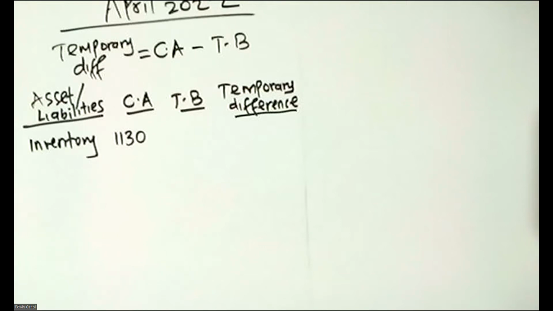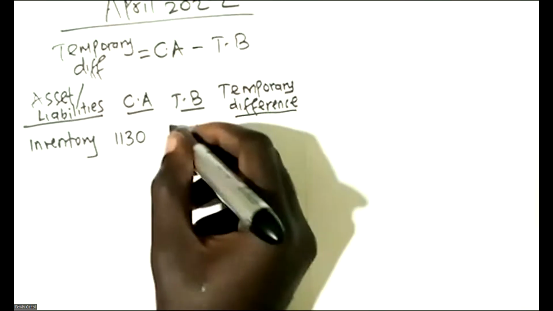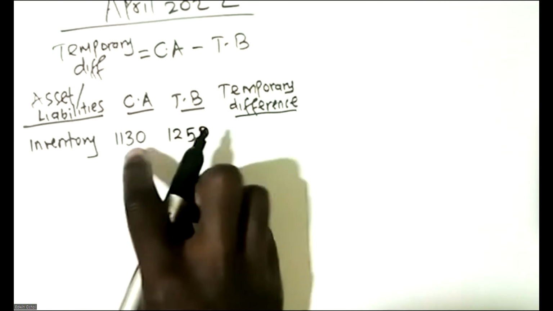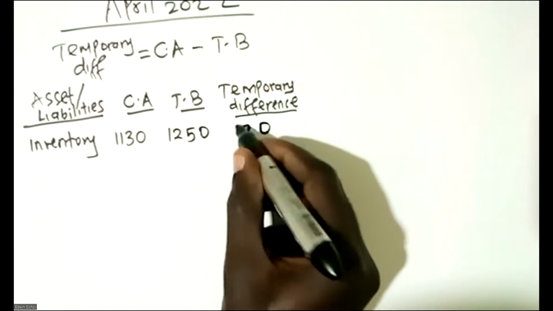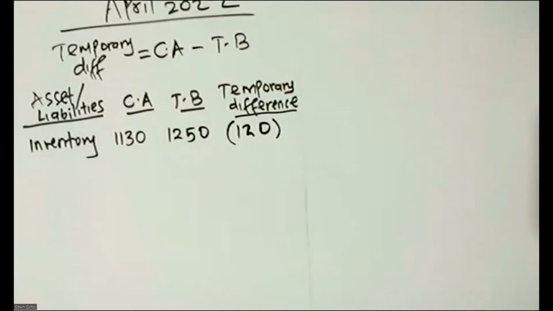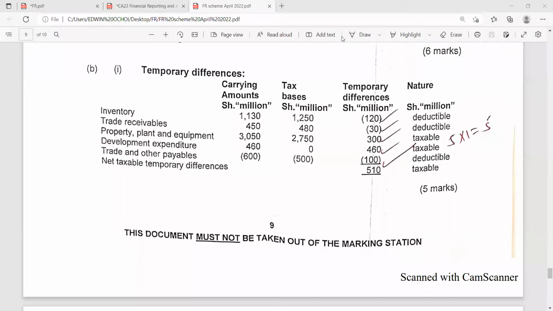So you take 1130, you add the 120, you get 1250. So 1130 minus 1250, that is 120. So that is a deductible temporal difference.